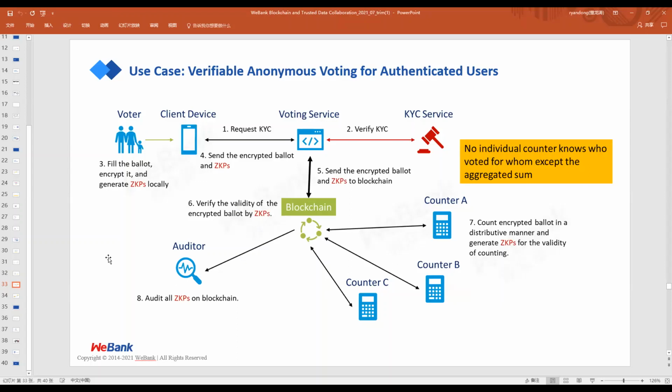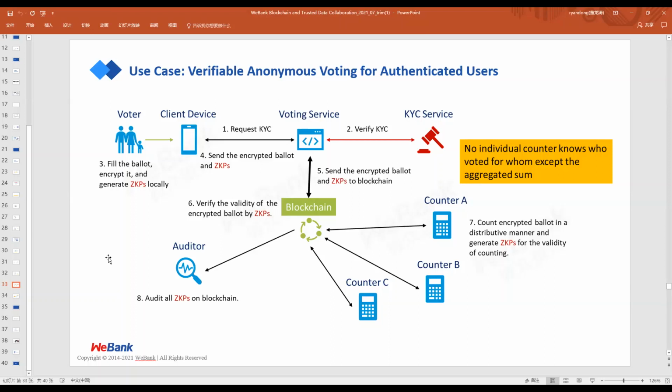Like traditional anonymous voting, the identity of the voter is unknown, so they can vote for whatever they want. But in this system, the voter's identity is known and can be verified by the service. In this way, we can make sure all the votes, all the ballots, come from a valid voter.